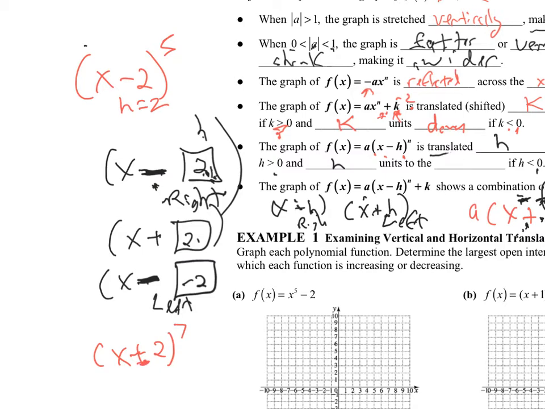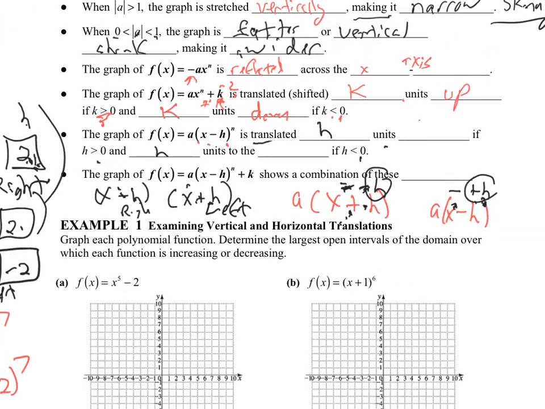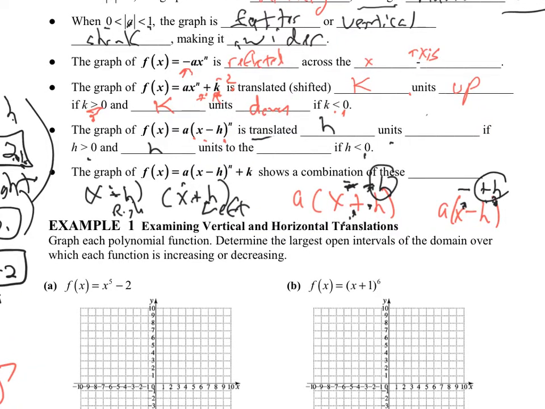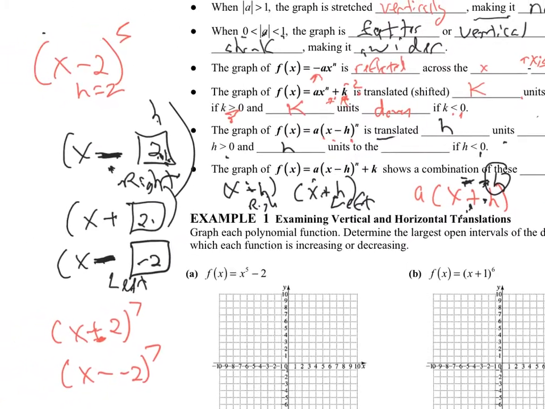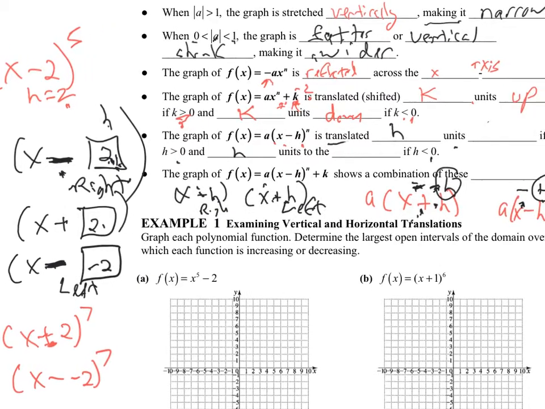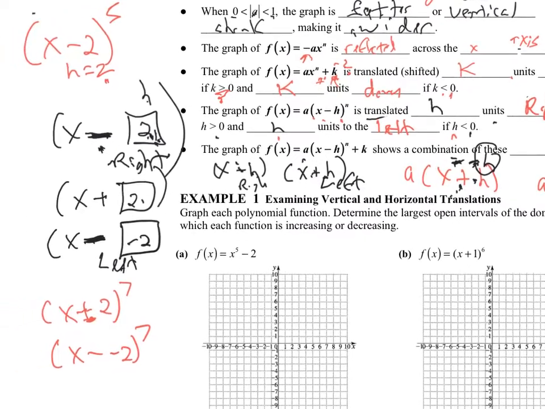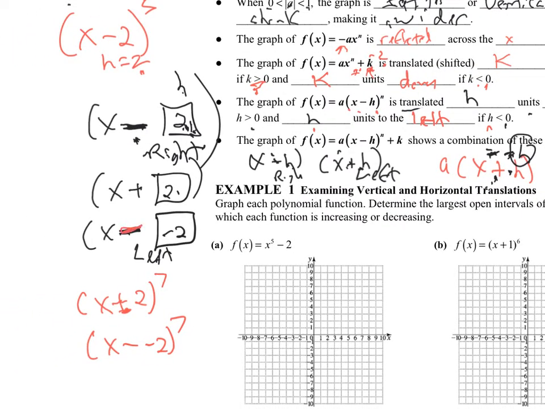So that really meant h is negative, x minus 2. So I have to make sure I say that right. So if h is positive, which is this example right here, h is positive, I move to the right. H units right. And h units to the left if h was negative. But it doesn't look like it because we keep seeing this minus here, so it kind of confuses us.